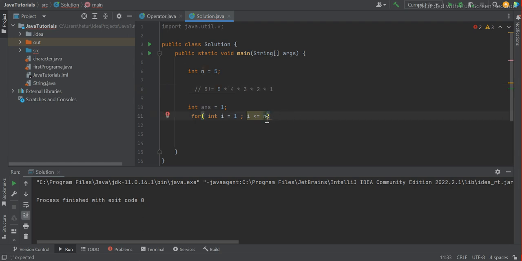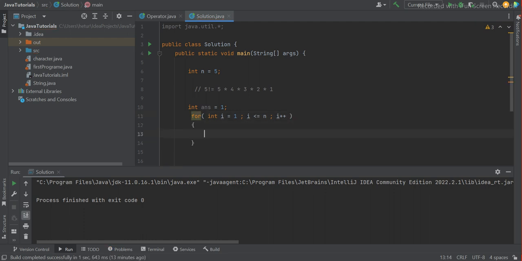If I say less than n, it will take up to 4 only. That's why I have to say less than or equal to n. n is 5 anyway. And then I increase this i value by 1 each time, so it goes 1, 2, 3, 4, 5, something like that.